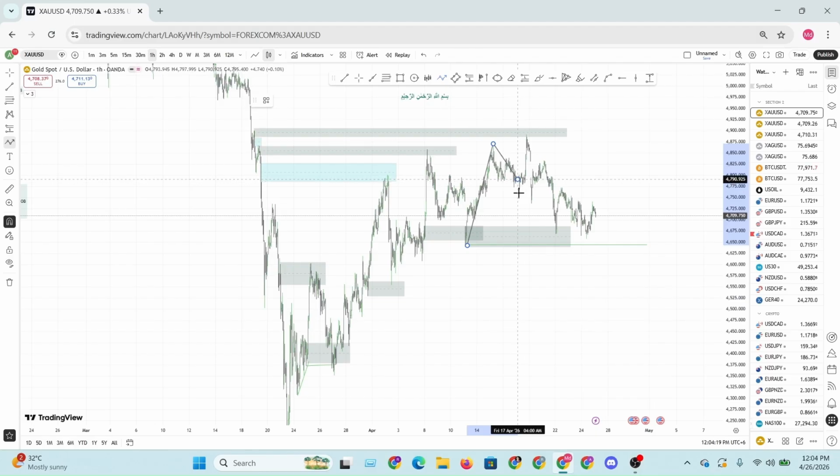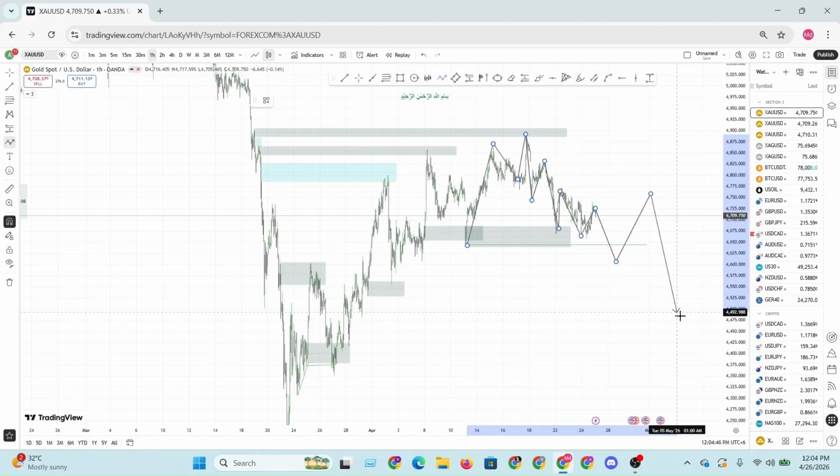This is advanced. When the market broke this level, we shifted into sell. We took sells from here and here. So we are waiting for the market to break this level, and when it breaks, it will eventually shift into bearish, and we will see the market go eventually to this particular area.